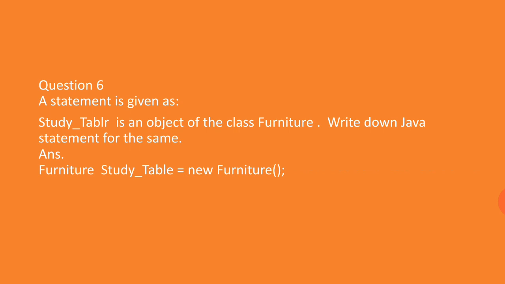Assignment operator, new is a keyword to allocate the memory. Furniture is a constructor, so a constructor and the class name are always same. Java is case sensitive, so you can see that cases are also same in the constructor and the class name. And constructor is always followed by a parenthesis, and this entire statement is terminated by a semicolon.